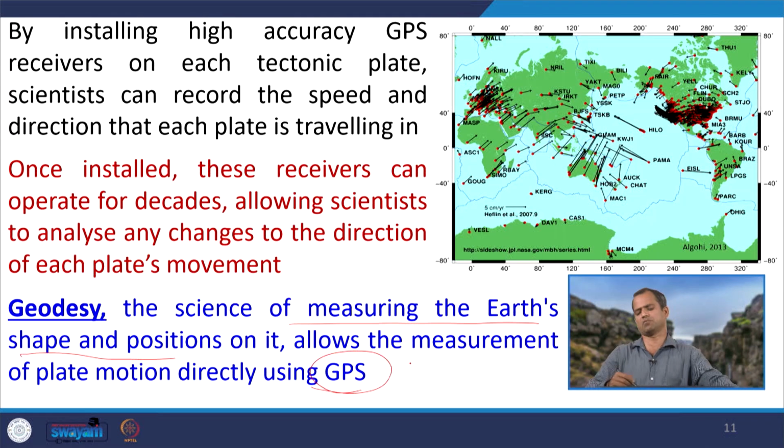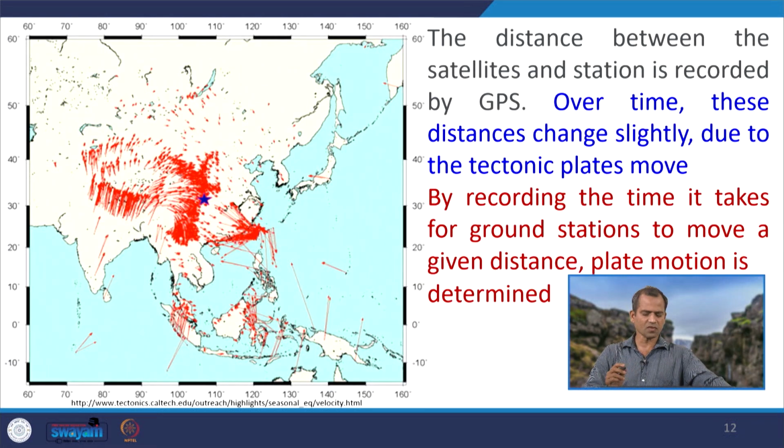Now, you see all over the world there are a number of GPS stations monitoring these plate motions, and some, more precisely, are monitoring landslides and some faults. So, that means GPS has tremendous use, and the distance between the satellite and the station is recorded by the GPS.